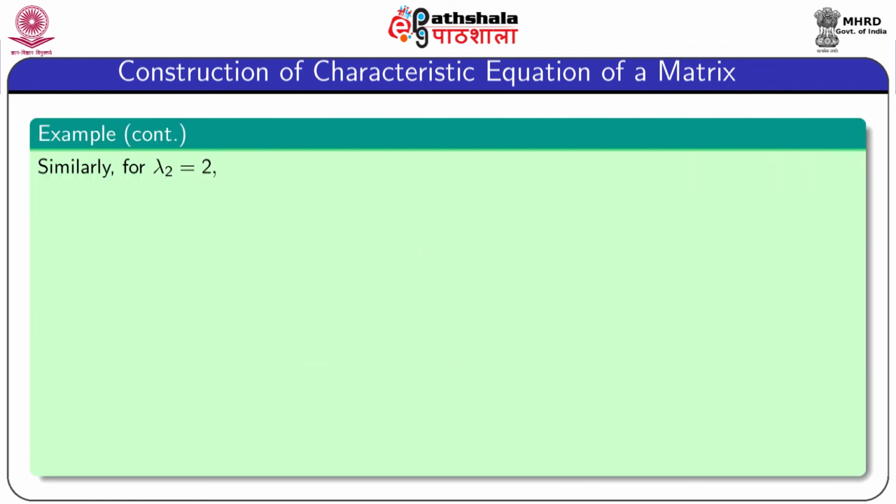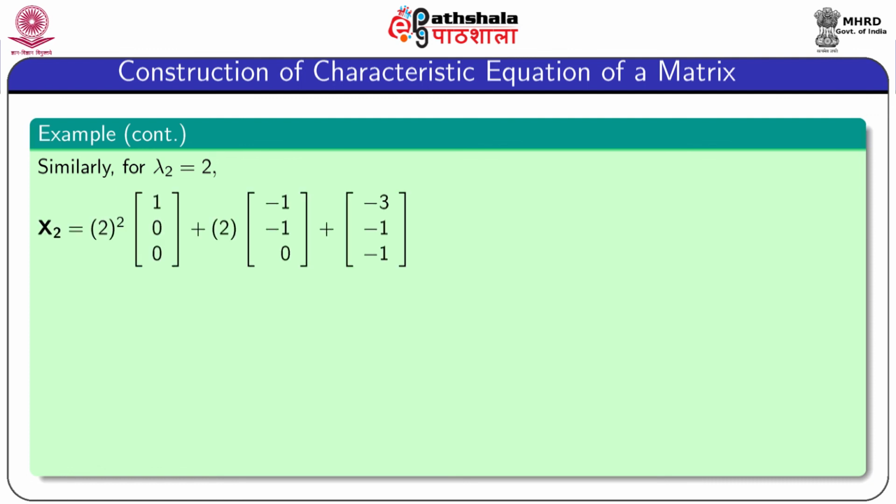Now, we calculate the second eigenvector corresponding to the eigenvalue lambda 2 equal to 2. X2 equals 2 to the power 2 into E0 plus 2 into E1 plus E2. After simplification, it becomes minus 1, minus 3, minus 1. So, this is the eigenvector corresponding to the eigenvalue lambda 2 equal to 2.